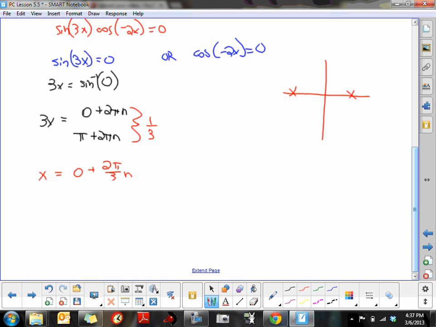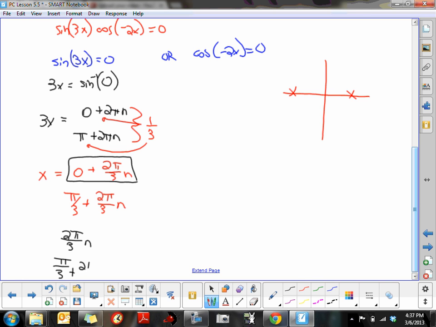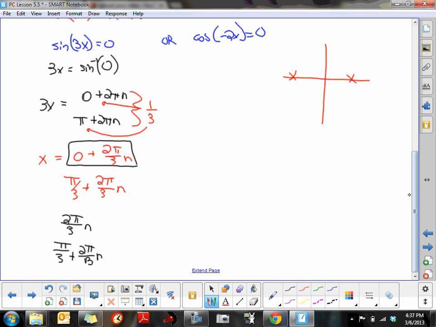And our last one, if we distribute, we distribute it to both expressions as pi thirds plus 2 pi thirds n. So the first one could be more simply written as just 2 pi thirds n. And this one, pi thirds plus 2 pi thirds n, can't be reduced any further, so we'll leave that.